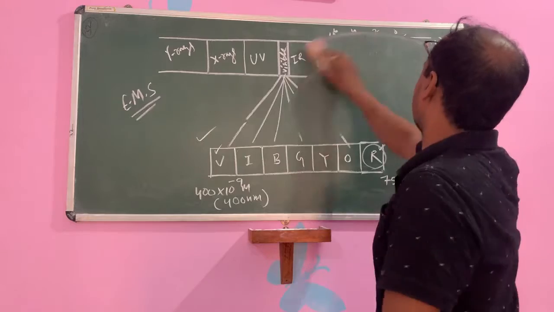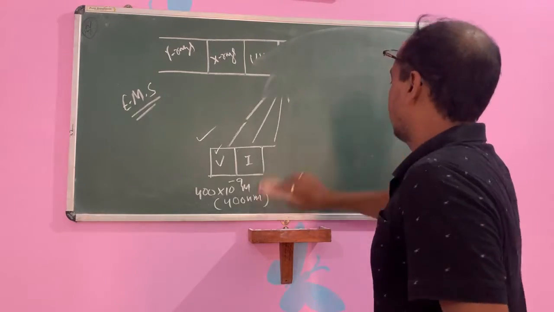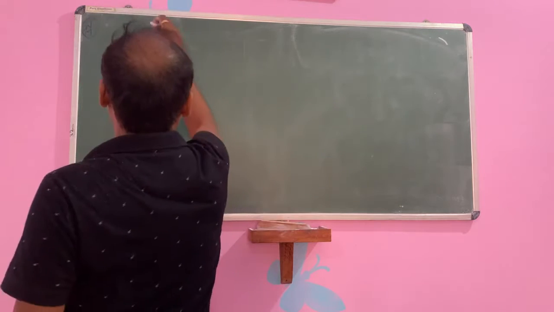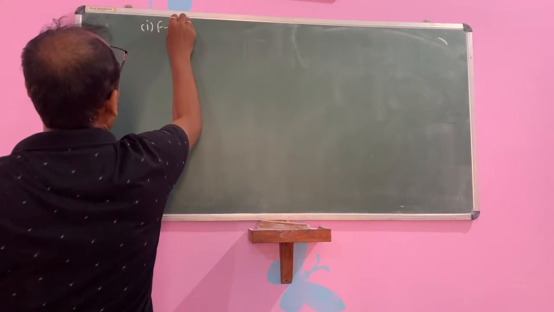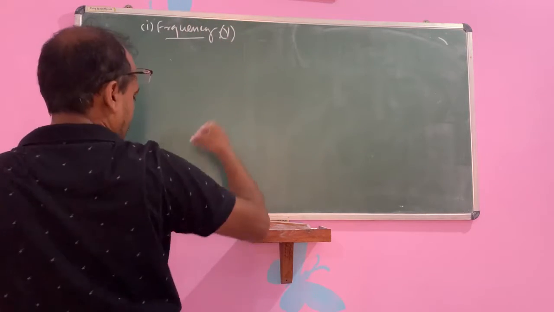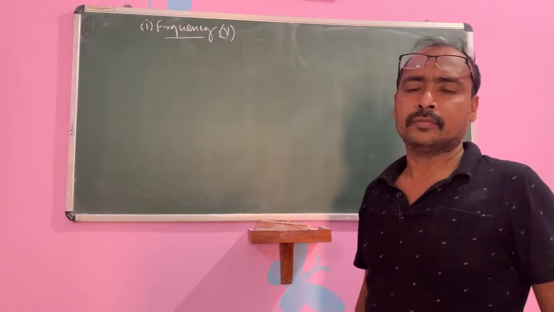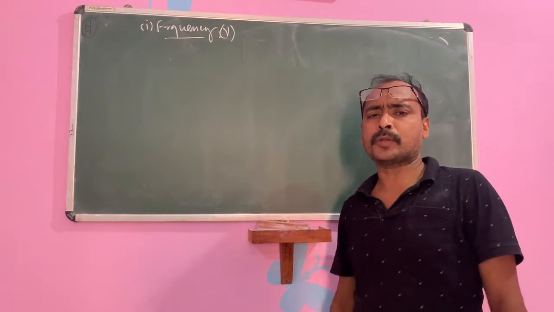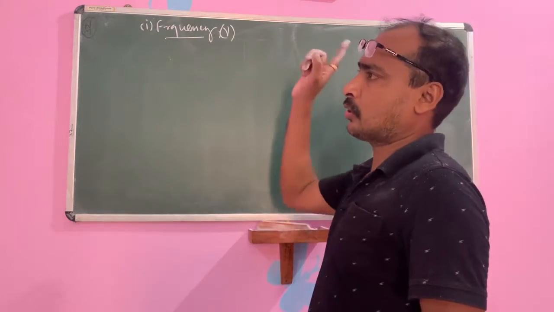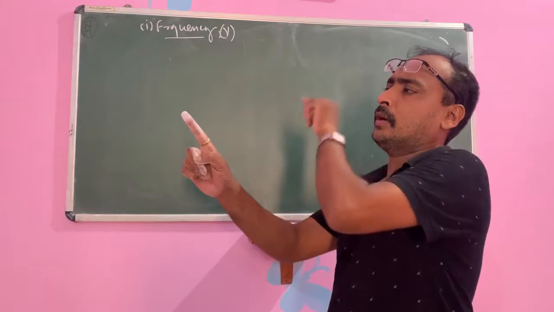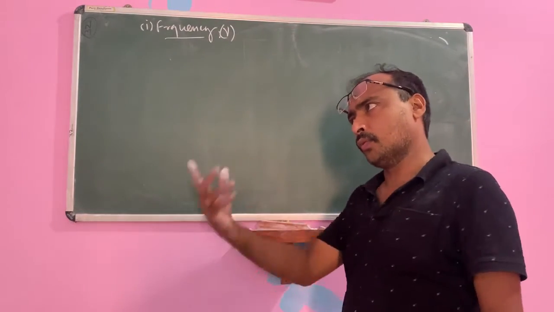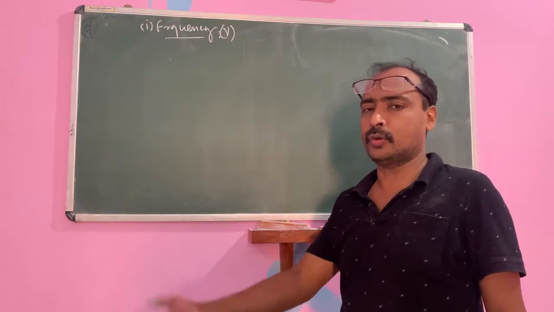What is frequency? The symbol, you know, children, is nu. Frequency is the number of waves passing through a point in 1 second. That is known as frequency. If the number of waves increases in 1 second, then the frequency will be more.